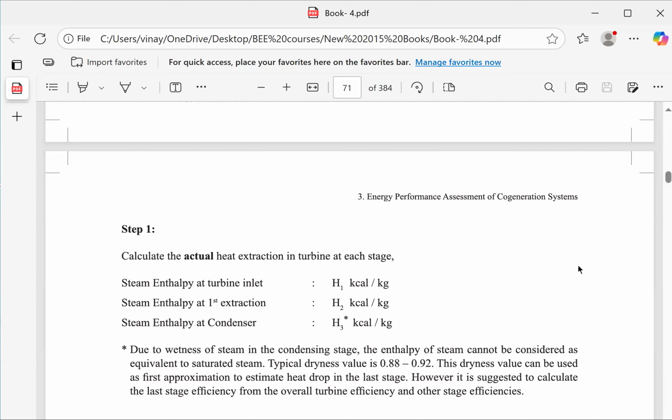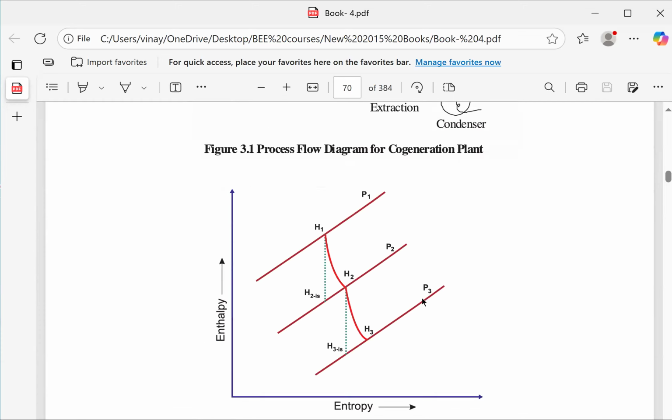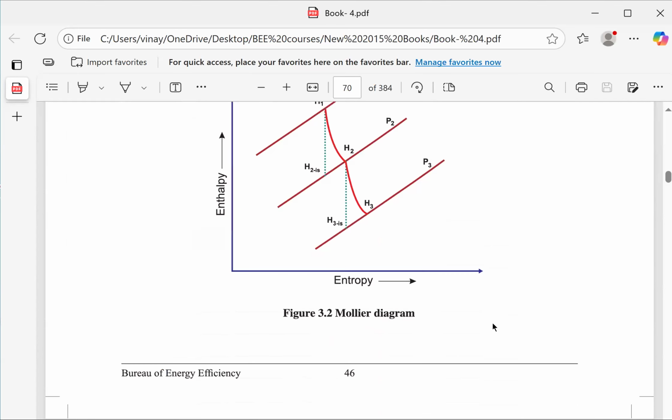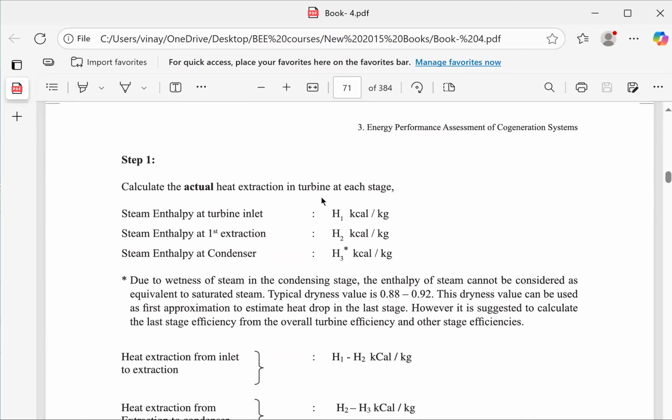First extraction, that means some pressure and temperature given to the process heat. And lastly, the condensing. This is H3. This is the same question I have explained here. So H1, H2, H3 conceptually we understand.